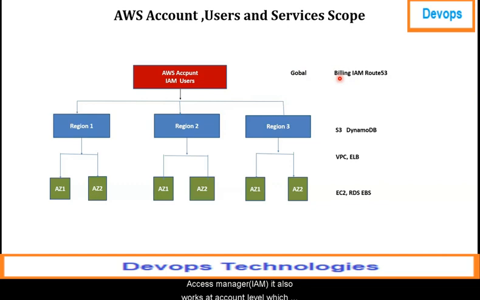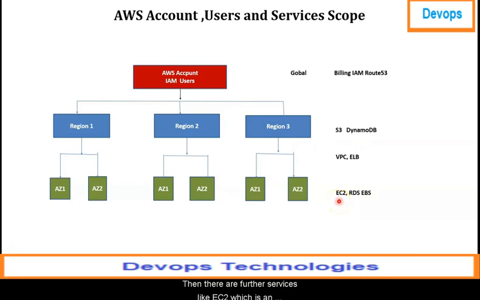It also works at account level, which means however many users you want to create, you can create them, and these users would have access to all AWS regions, availability zones and services because they have the rights to access. There are more services we will talk about shortly, and then some other services like S3 and DynamoDB work at region level. That means when you create an S3 bucket, you select which region you want to create that S3 bucket in.